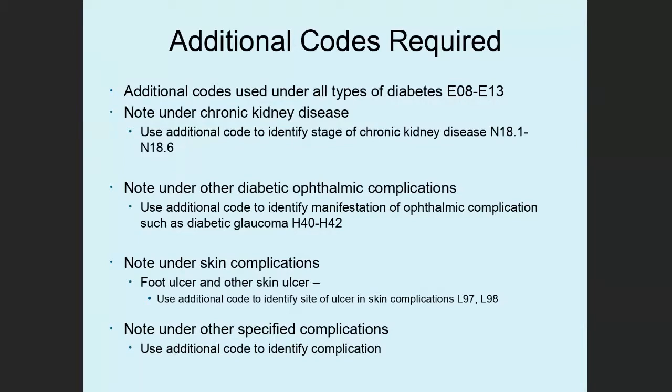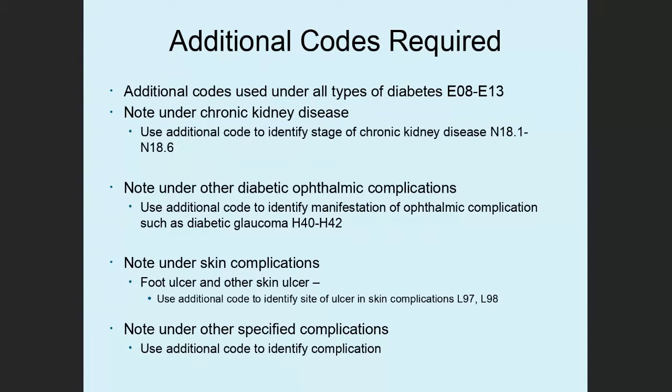Under chronic kidney disease for all types of diabetes, E08 to E13, there's a note, use additional code to identify stage of chronic kidney disease. Under all of the types of diabetes for ophthalmic complication, there's a note, use additional code to identify manifestation of ophthalmic complications such as diabetic glaucoma.